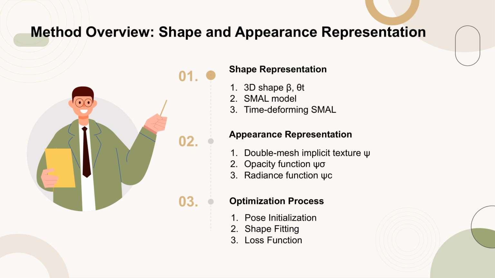The optimization process involves two stages: pose initialization to ensure convergence, and shape fitting to optimize all shape parameters using a comprehensive loss function that includes CSE keypoint loss, sparse keypoint loss, photometric loss, chamfer mask loss, and shape regularizers.